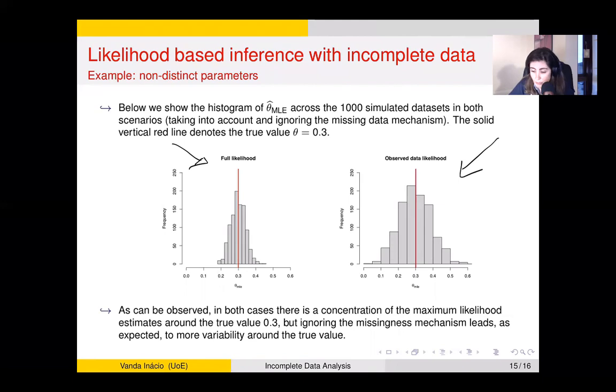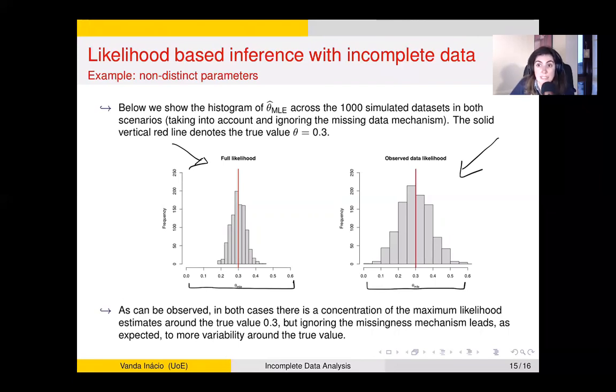And we can see that when we consider the full likelihood, which is the correct thing to do in this case because the parameters are not distinct, my inferences are unbiased. But when I use the observed data likelihood, they are also unbiased. But if you look carefully at the scale on the right, when I only consider the observed data, I have much more variability, right?